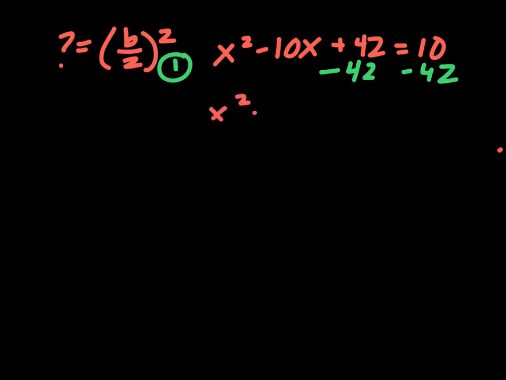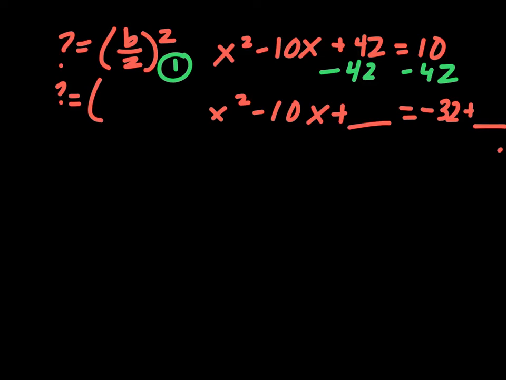That's going to give me x squared minus 10x plus some magic number equals now negative 32, to which I'm going to add the same magic number. So the magic number is going to be b divided by 2 squared, so negative 10 divided by 2, squared. So my magic number is going to be 25.